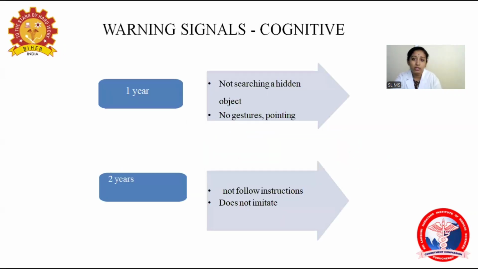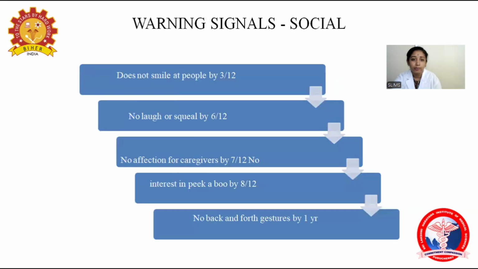In the cognitive domain, the child does not point towards objects or show gestures. A 2 year old child not following instructions, does not imitate. These are some social and language milestones. The child does not have a social smile, does not make any sound, shows no affection for caregivers, is not interested in mirror play or peekaboo, and has no back and forth gestures.